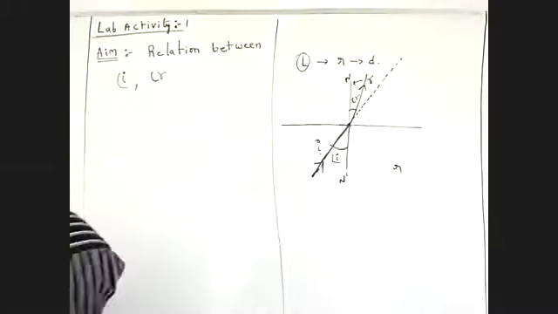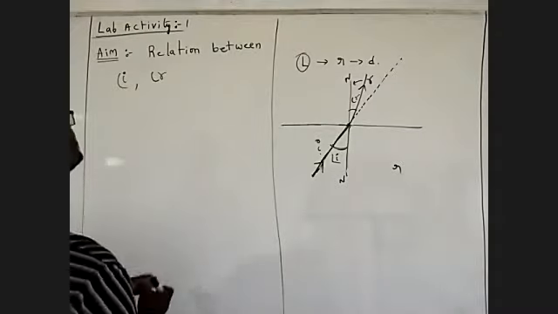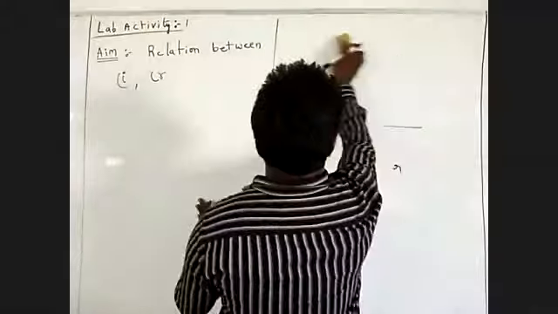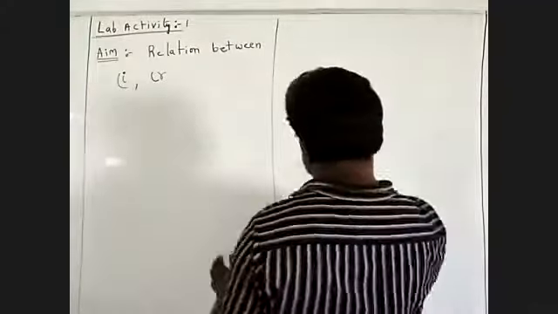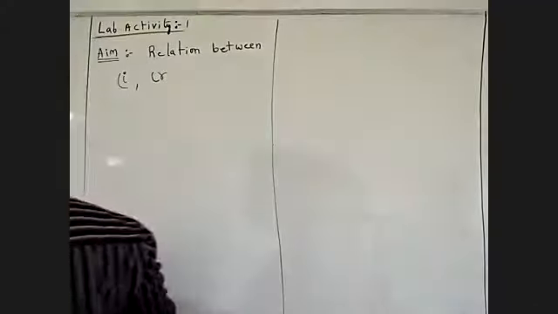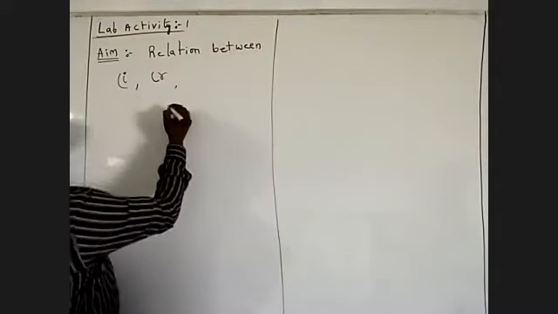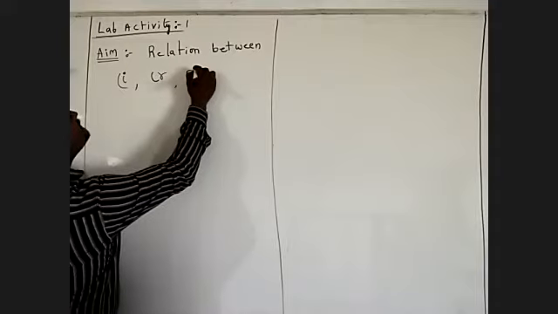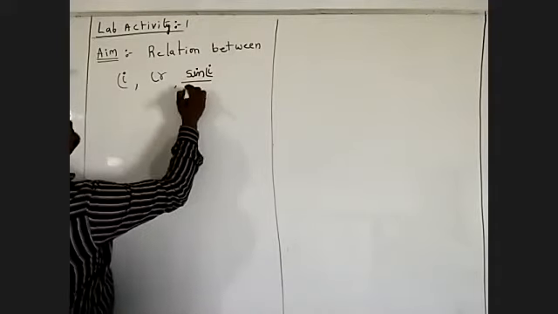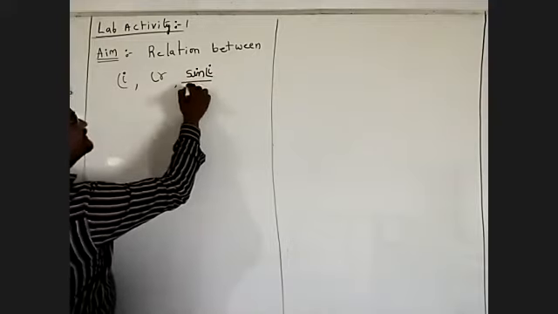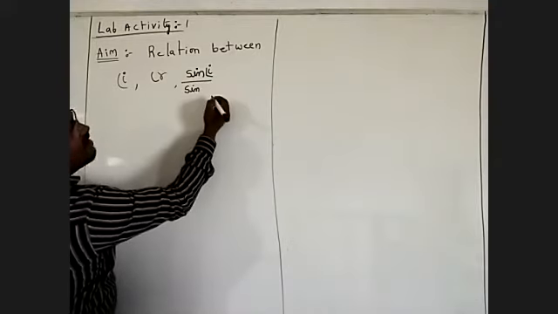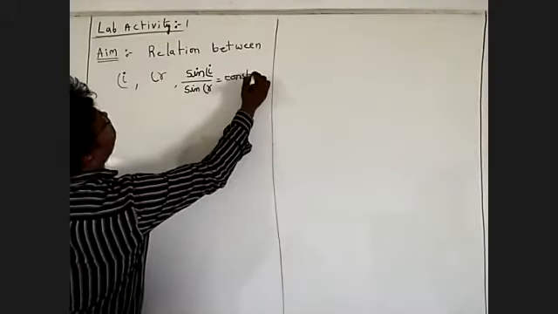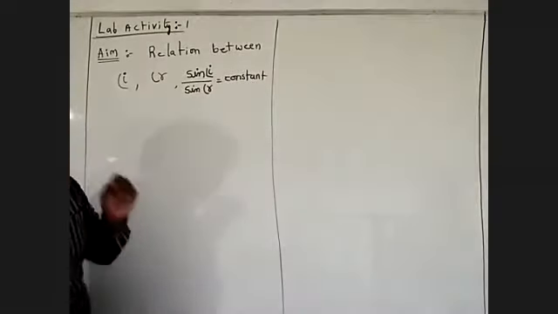Now you will see, suppose for example, in this lab activity, our aim is to show that sin i by sin r, the sine of angle of i divided by the sine of angle of r, is equal to a constant.